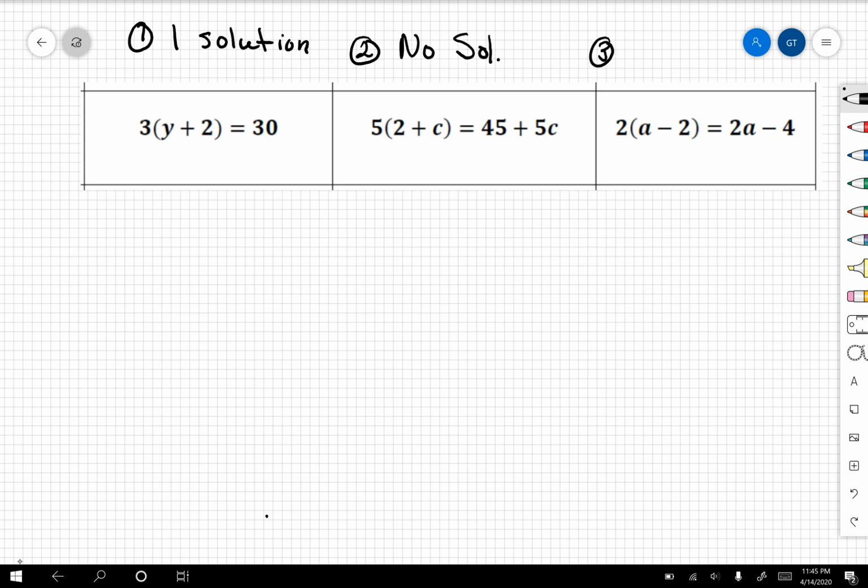And the third one is going to be an infinite number of solutions. Okay, so we're going to work through these, and the idea is we're looking at the different types of solutions. You already know how to solve these problems.